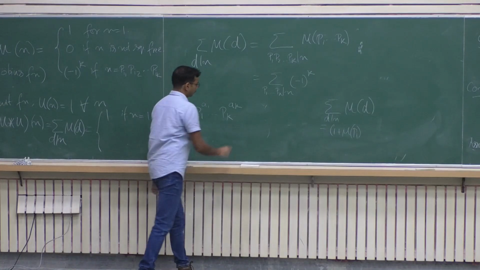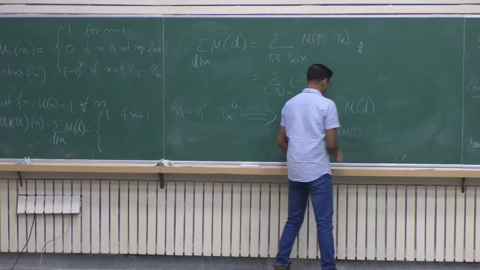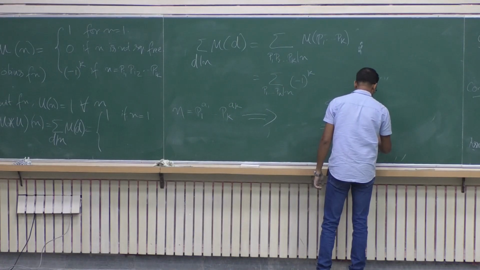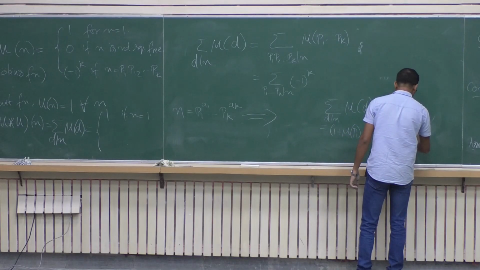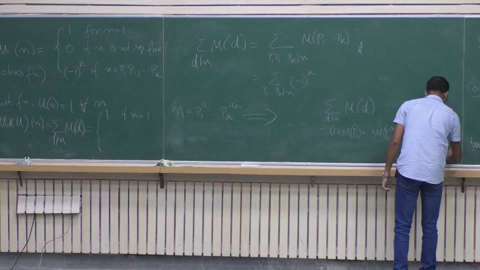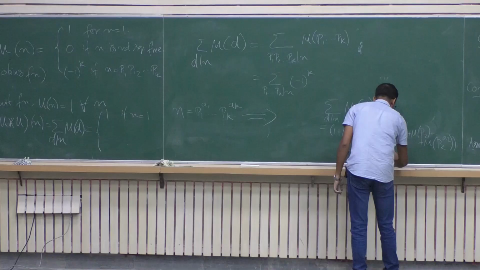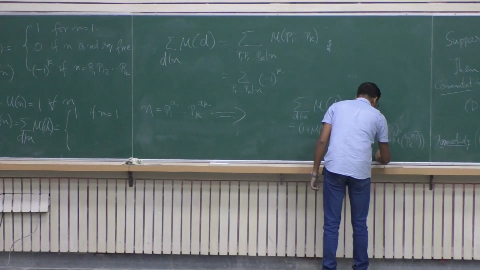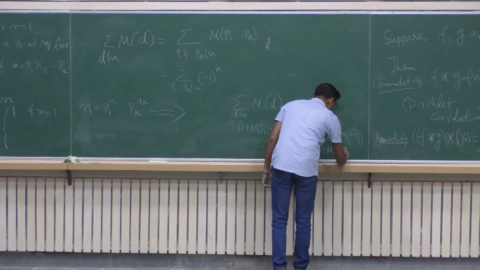If n is of this form, you just want to write the sum of mu d as (1 + mu p1 + mu p1 power a1) times (1 + mu p2 + mu p2 power a2) and so on up to (1 + mu pk + mu pk power ak).